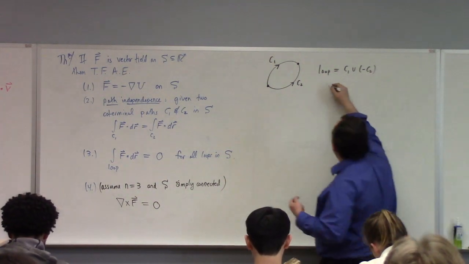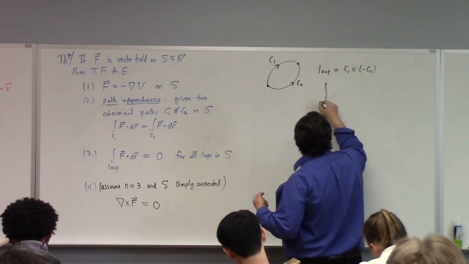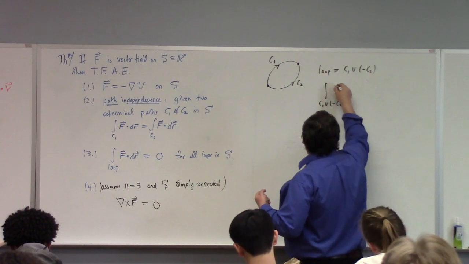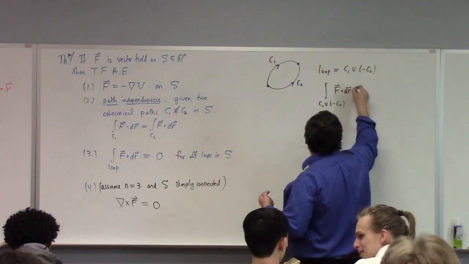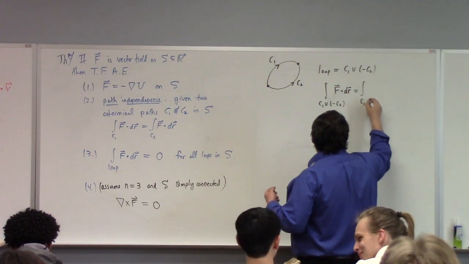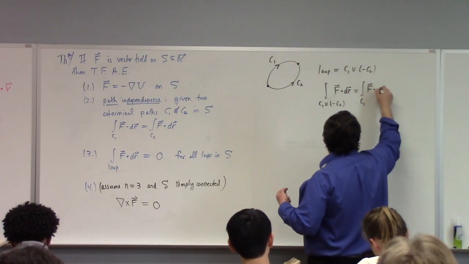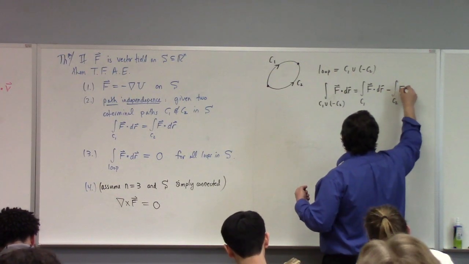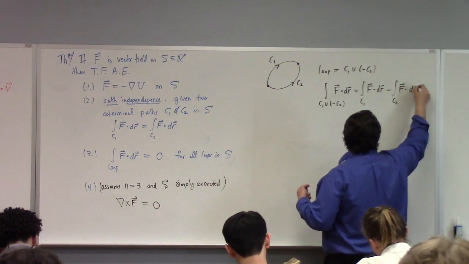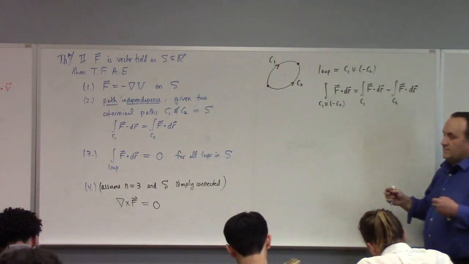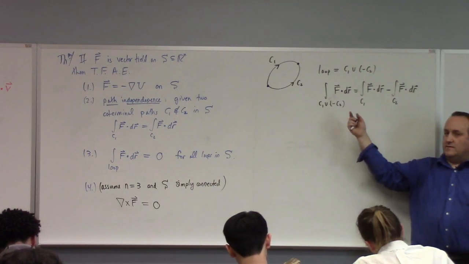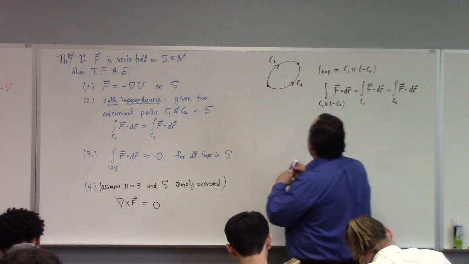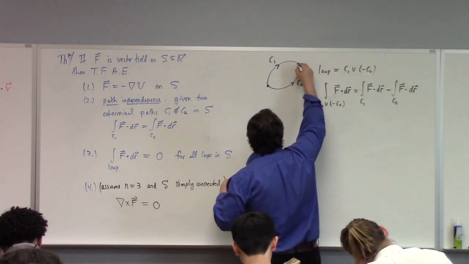But the properties of the line integral say that's the integral along C1 minus the integral along C2. The minus here on C2 says that it's oriented the opposite way. So a picture of minus C2 here would be this.